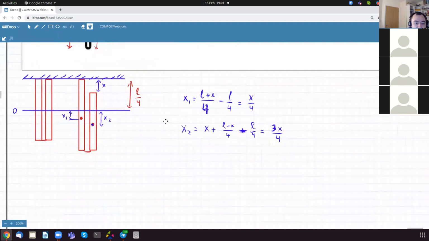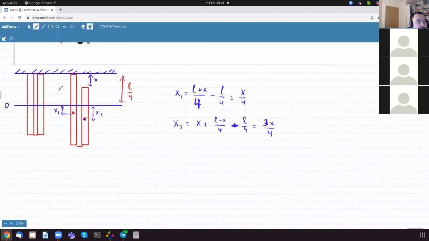Now we need to find the mass. This is M1, and the second rope is M2.